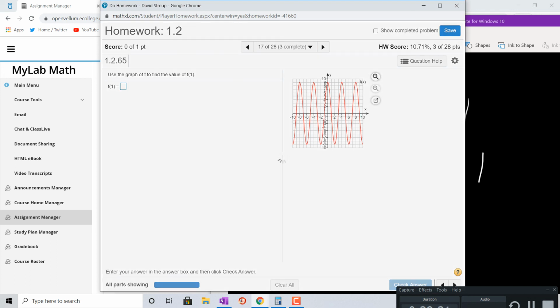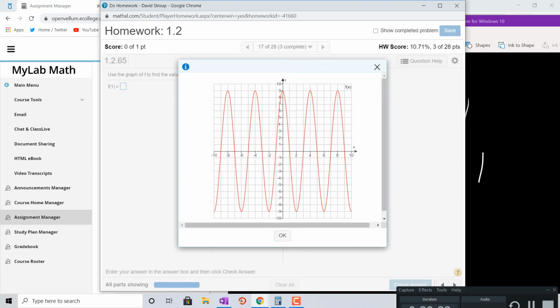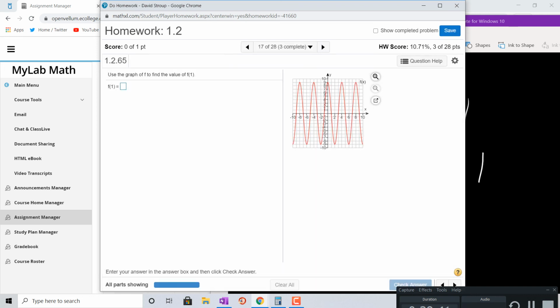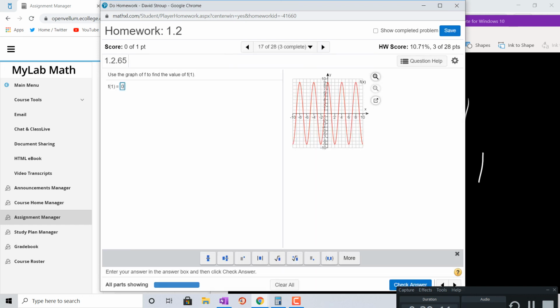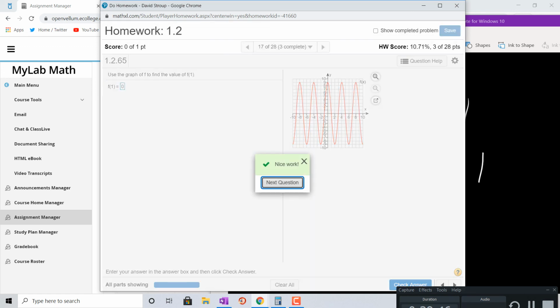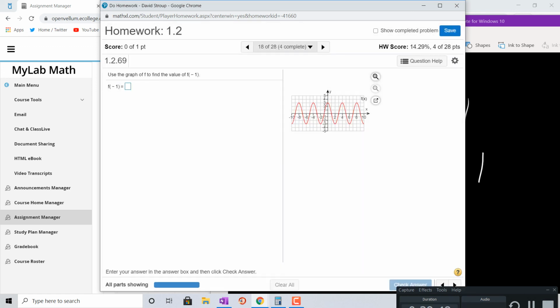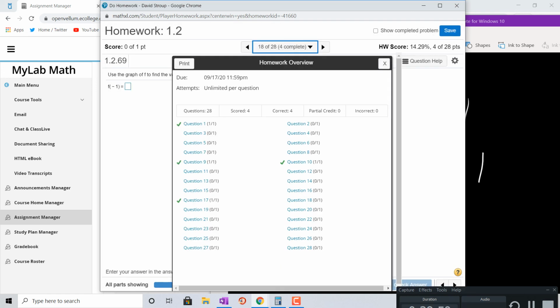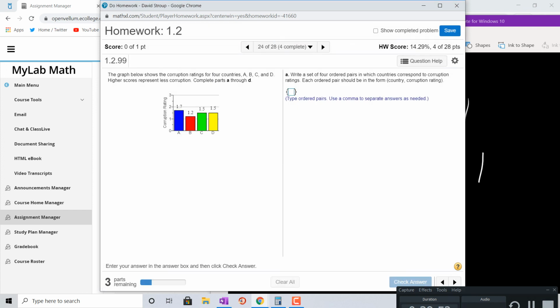Find f of 1. So you look for where 1 is on the x-axis, and then look for the corresponding y value. So it looks like it's 1, 0. So, okay, thank you. 1, 0. Okay, that's fine. Let's zoom out a little bit.